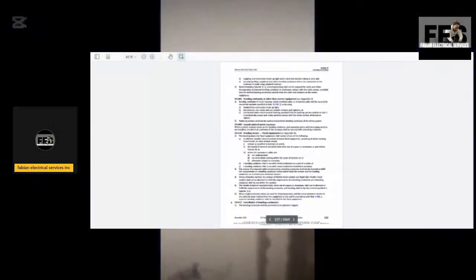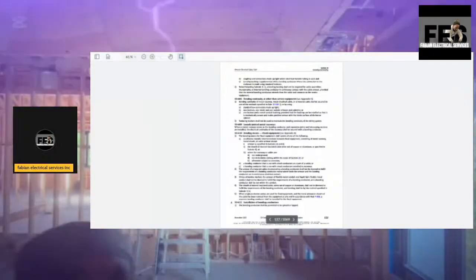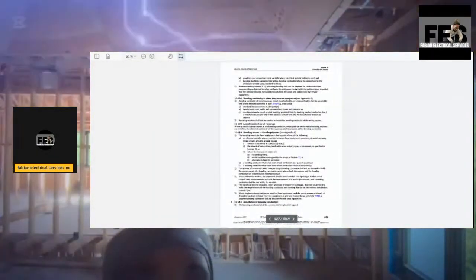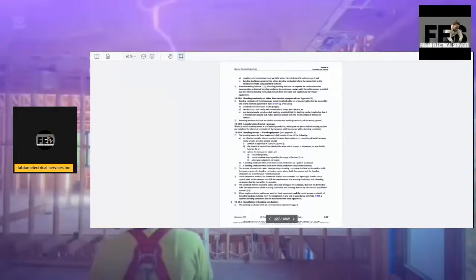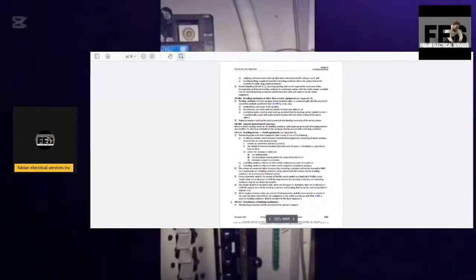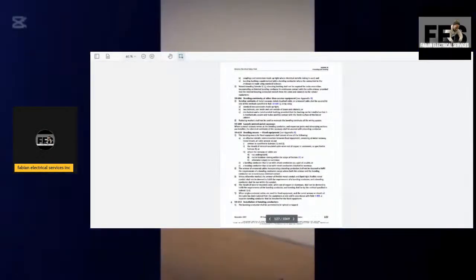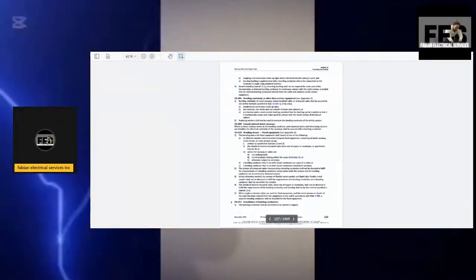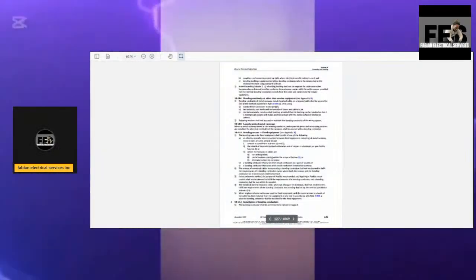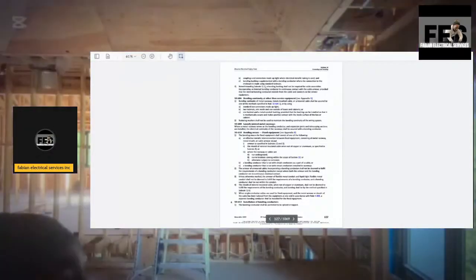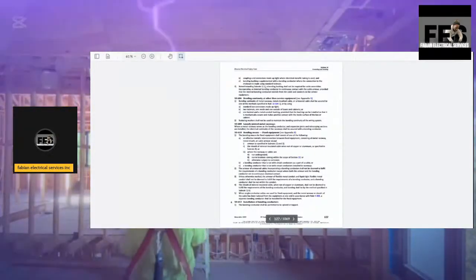Bonding continuity of metal raceways, metal sheathed cable or armored cable shall be assured by one of the methods specified in Rule 10-604, or by using standard box connectors made up tight, two locknuts, one inside and one outside of boxes and cabinets, or one locknut and a metal conduit bushing, provided that the bushing can be installed so that it is mechanically secure and makes positive contact with the inside surface of the box or cabinet.